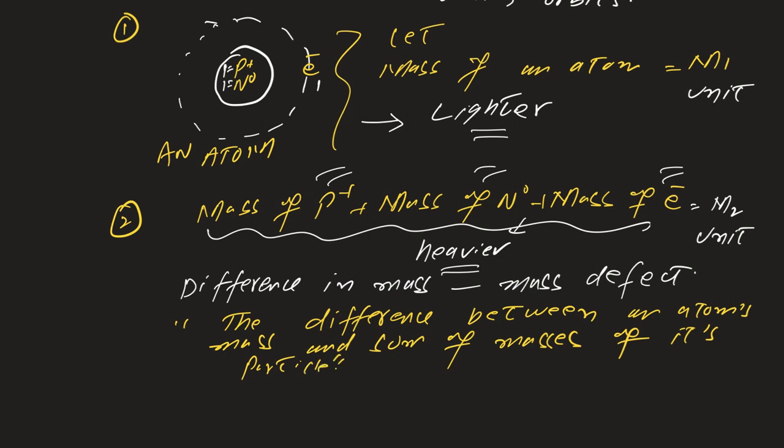Now what we have to think is, this mass is lost, then where does it go? Is it lost somewhere in space? No. Actually, according to Einstein's mass energy relation, here we write delta m c squared, where delta m, according to our previous assumption, is m1 minus m2, and this mass appears in the form of energy.